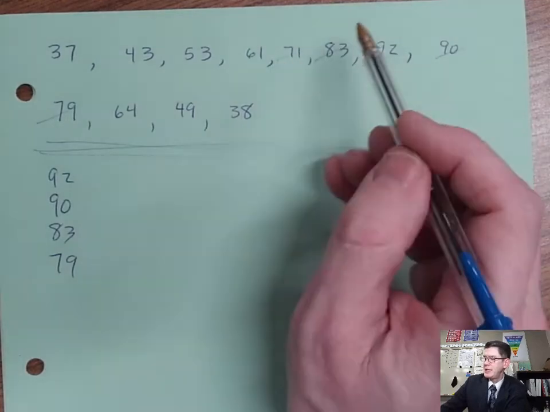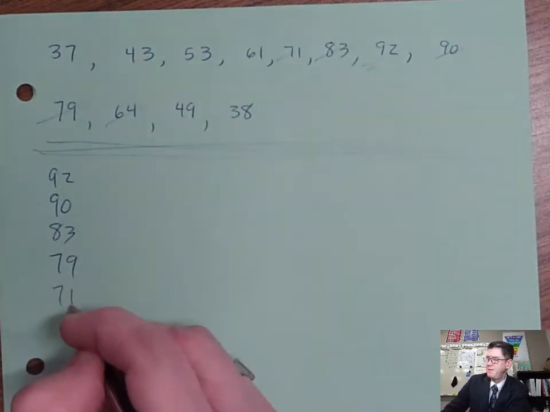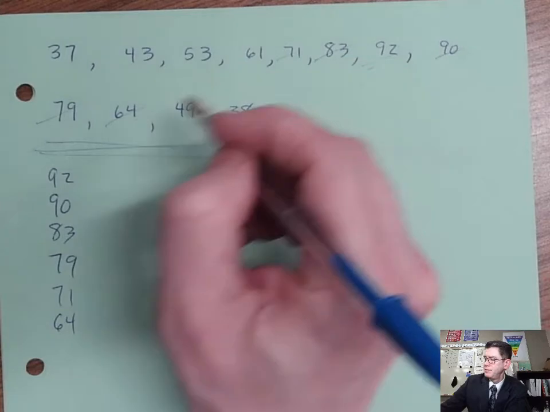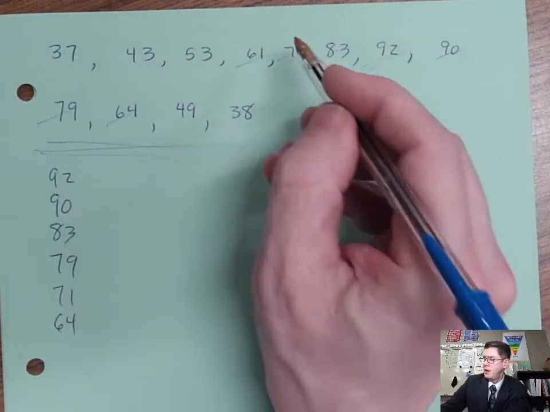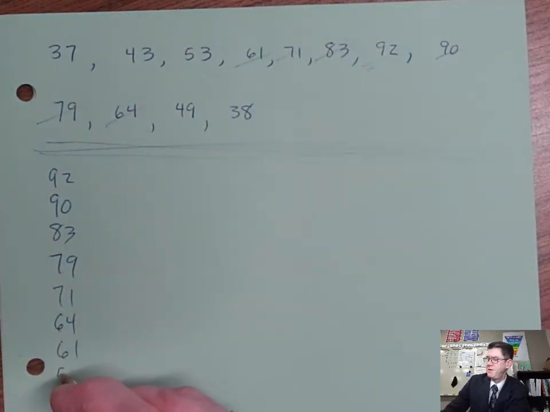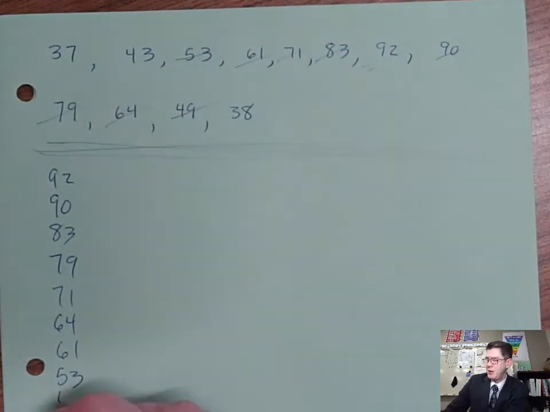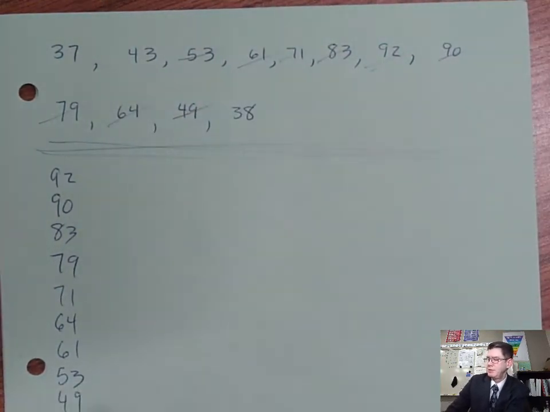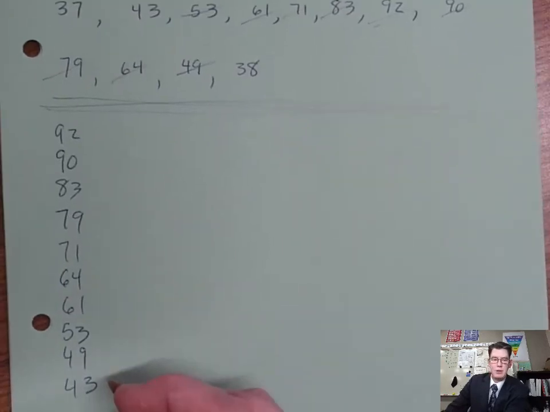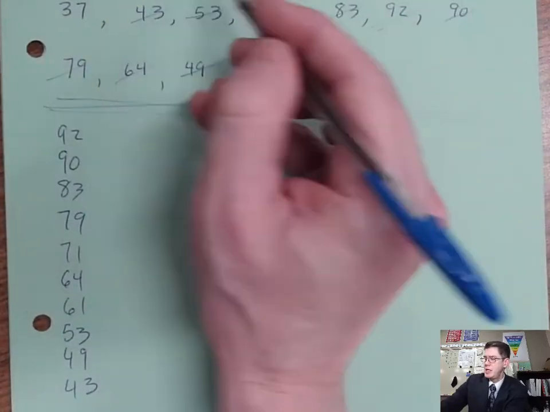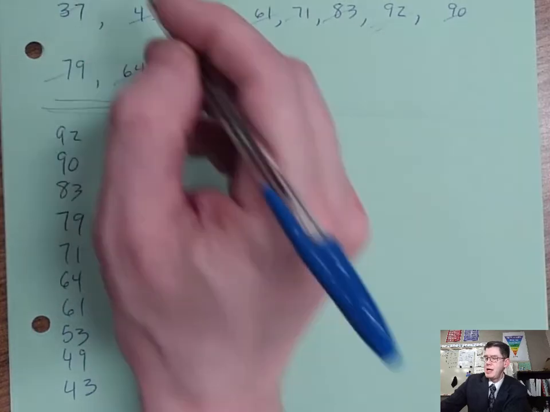Then 71 and 64. 61, 53. You can skip ahead if you understand what I'm doing, and when I'm done, I'll know where to go from there. 43, 38, and 37.